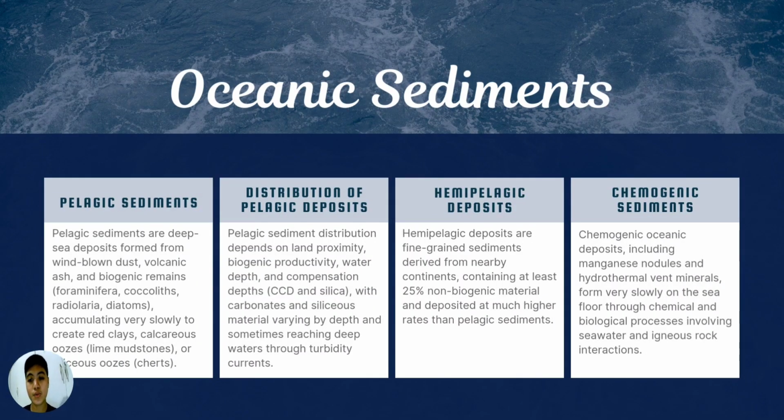Now, let's proceed to ocean sediments. Ocean sediments are materials that settle on the deep seafloor, coming from different sources and forming in different ways. Pelagic sediments form very slowly from very tiny sea creatures, wind-blown dust, and volcanic ash, creating deposits like red clays and soft calcium or silica-rich muds closer to land.